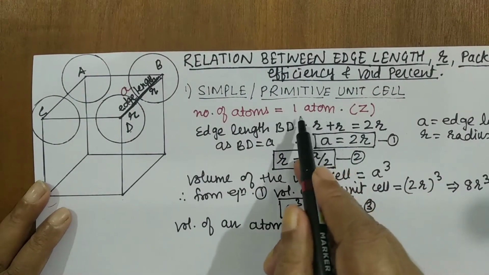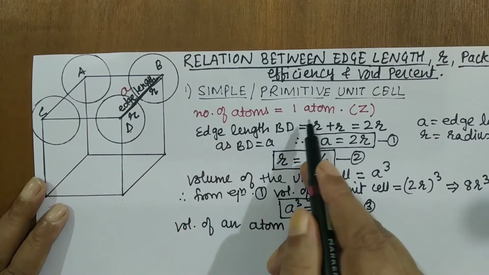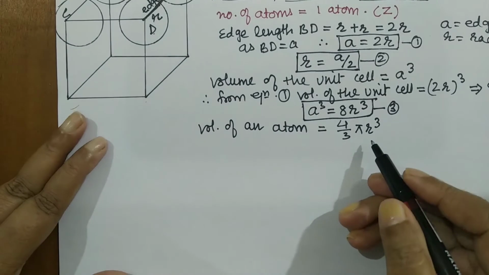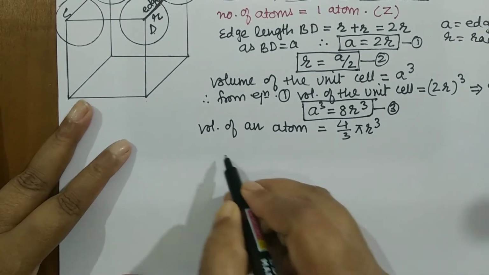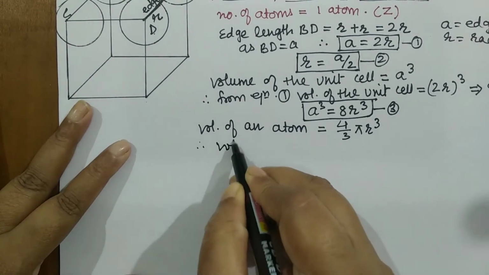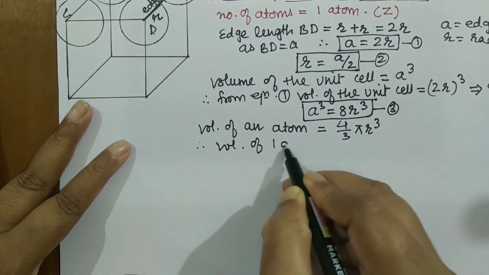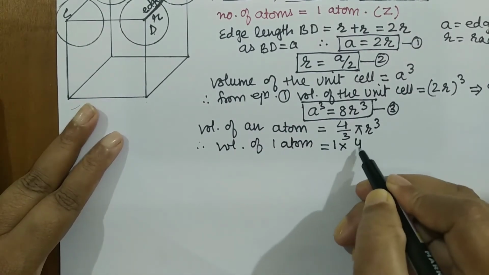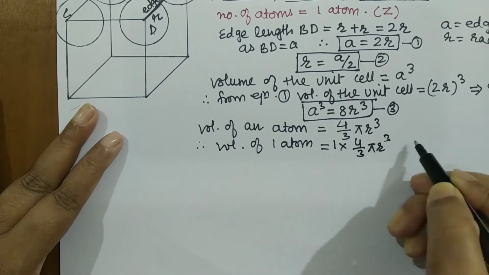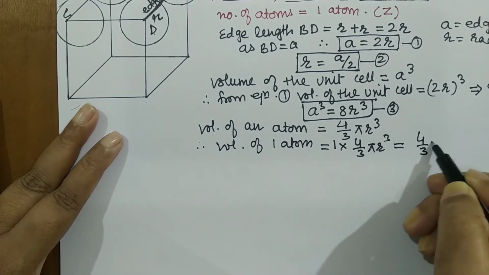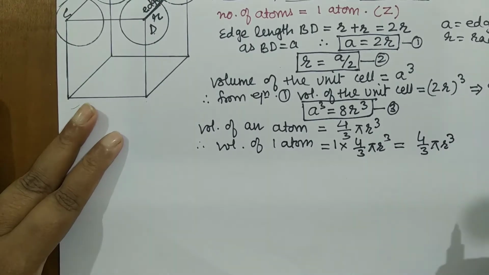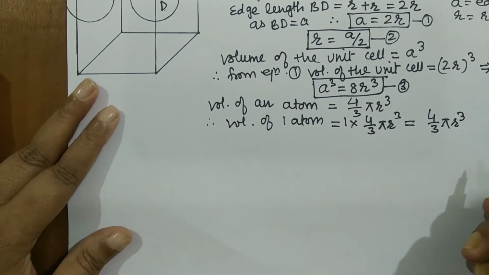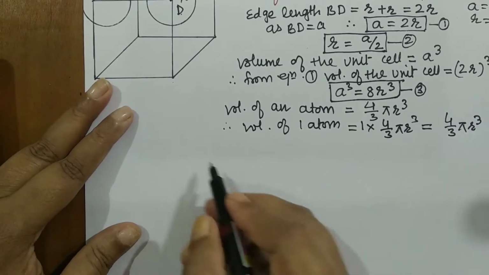We have already written that there is only one atom contribution. So I'll multiply this by 1. Therefore, the volume of one atom is equal to 1 into 4 upon 3 pi r cube. So that is the same 4 upon 3 pi r cube. Let us move on to the next one, that is packing fraction. Now, what is packing fraction?